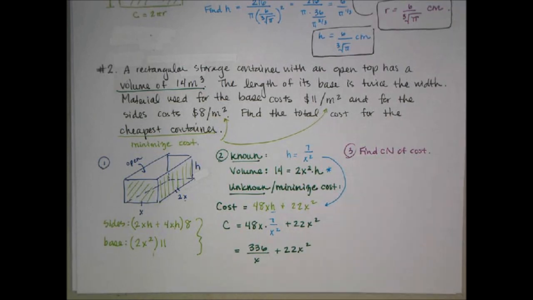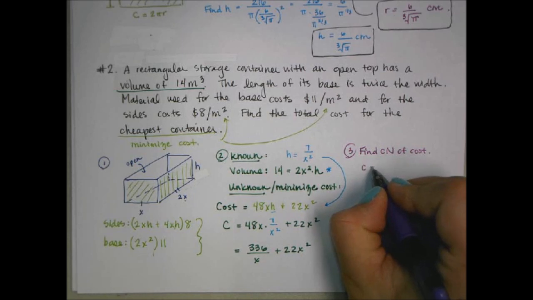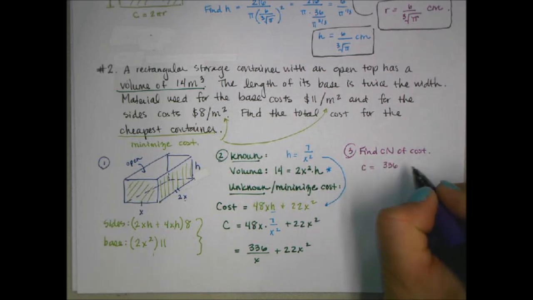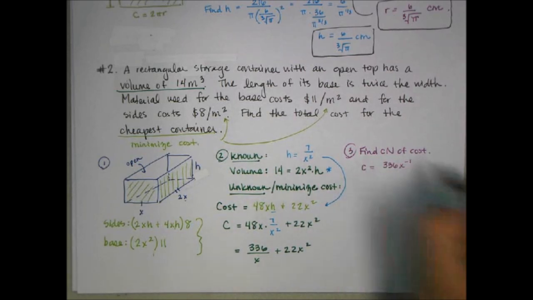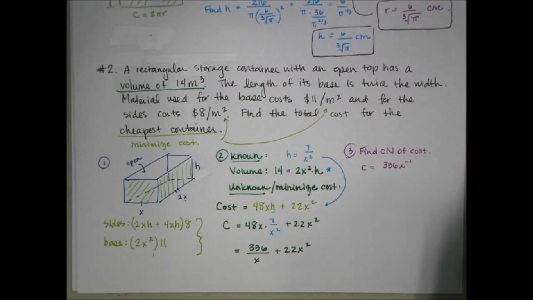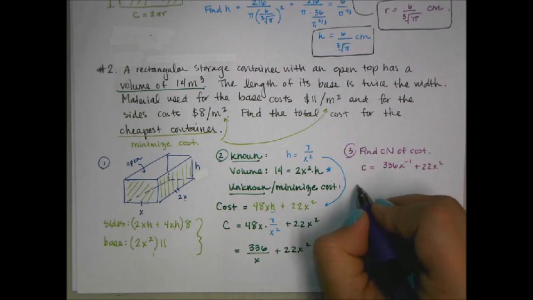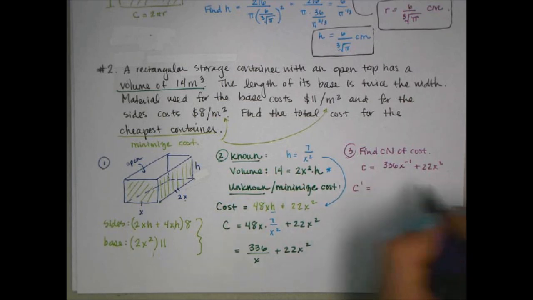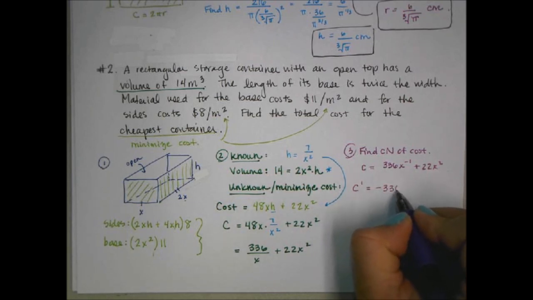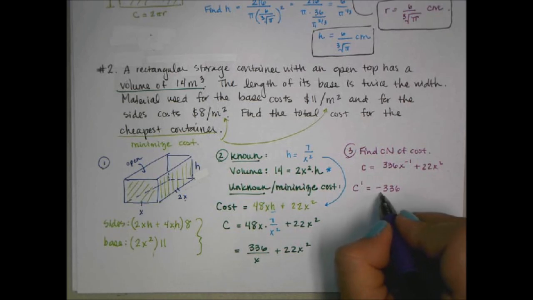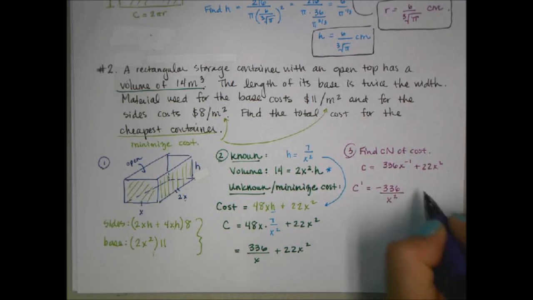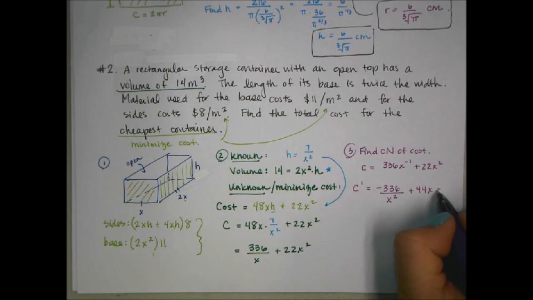So we'll take this function over here. Remember, to find critical numbers, we want to take our derivative. So I'll rewrite that as 336 times x to the negative 1 plus 22x squared. So our derivative, negative 336, x to the negative 2, which is over x squared, plus 44x, equals 0.